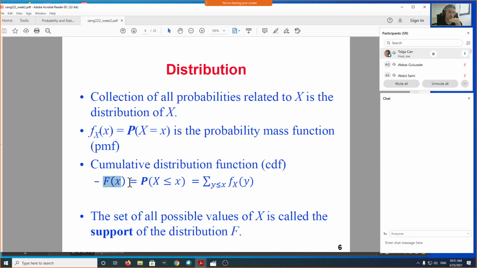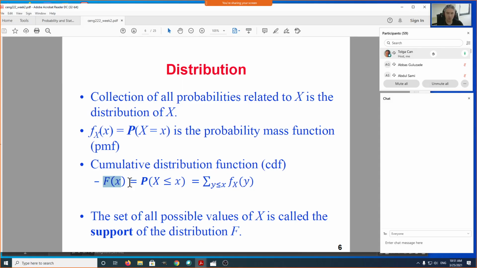In certain intervals it may stay constant, but it's a non-decreasing function, meaning that it will never drop to some lower level after it reaches a level. The largest value the cumulative distribution function is going to take is 1. It will start at 0 on the left-hand side and go to 1 on the right-hand side.